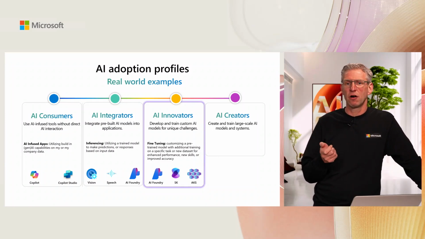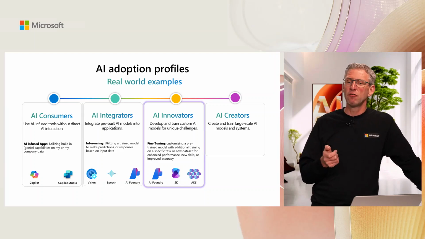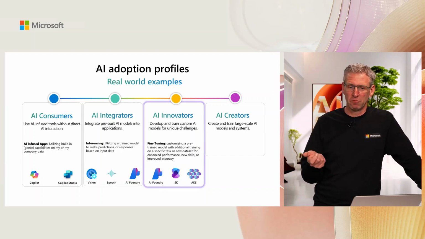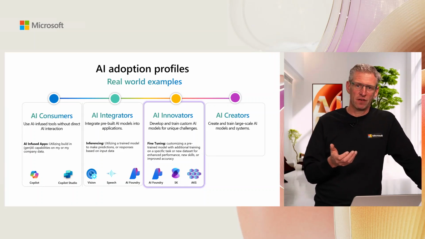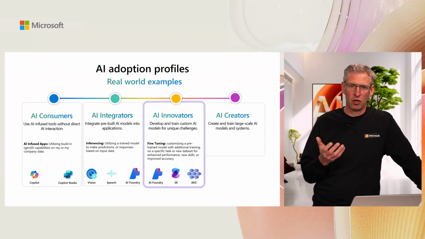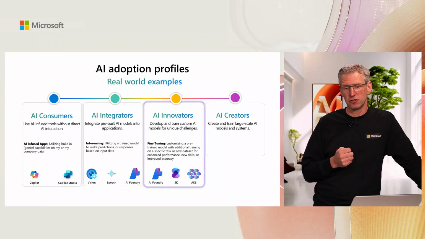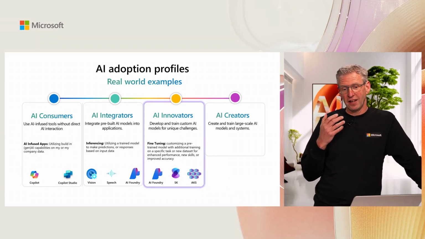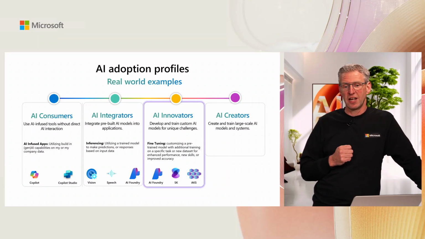The AI innovators go a step further. They do fine-tuning on top of existing models to make them very specific for a particular industry. For instance, if you have financial risk assessments to do, you can fine-tune the model to be optimized for financial risk assessments. That is typically what you do as an AI innovator.